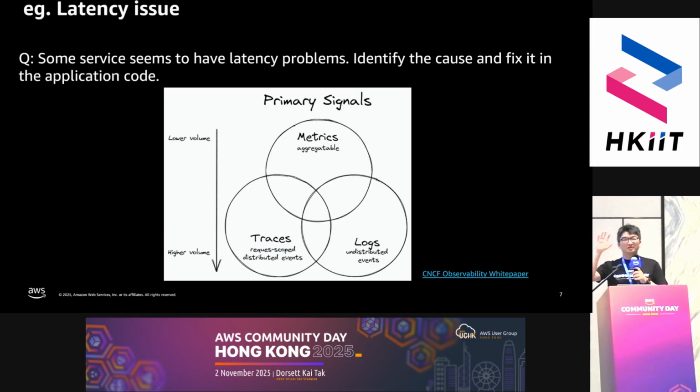For example, you are running a web application, your client is sending requests to the web server, and you find slow latency from that web server. So what are you going to do? You need to find out the cause of the performance issue and then fix it, right?